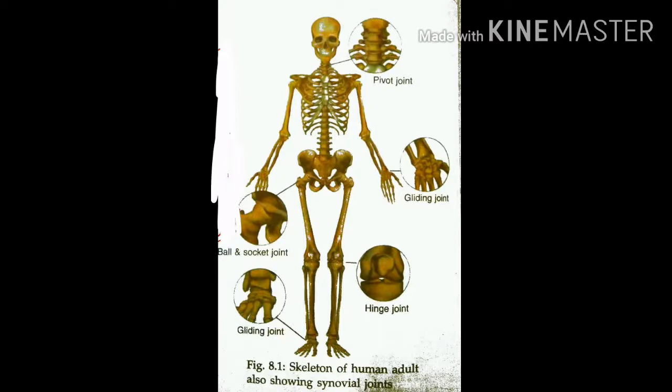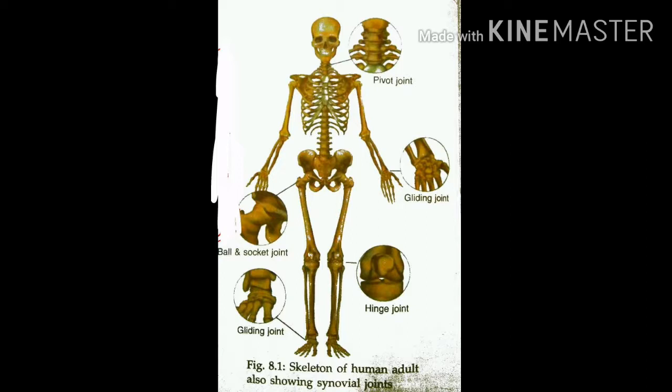Now we are going to see joints. What are joints? Do you have any idea? Yes, a joint is a place where two or more bones meet.